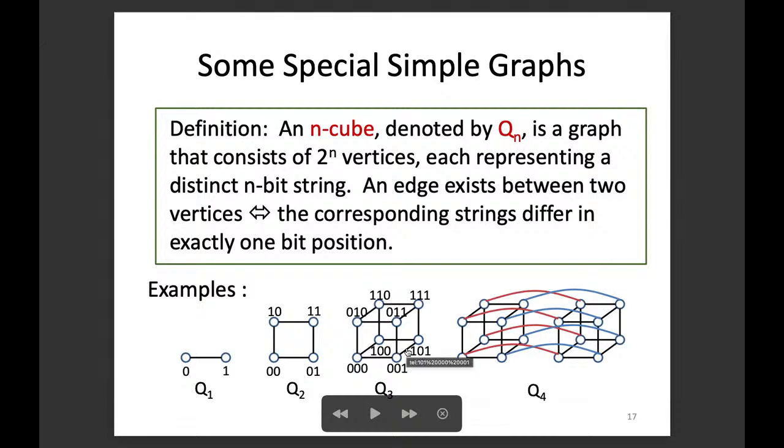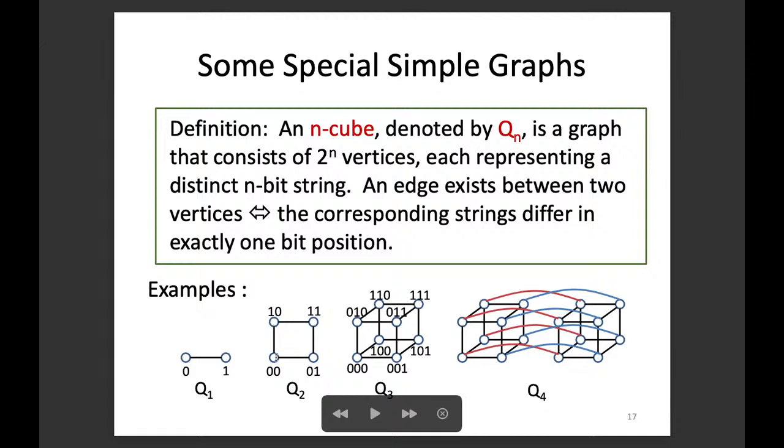And how is a cube graph defined? We begin with a 1-dimensional cube, which is just an edge. To get a 2-dimensional cube, we take 2 copies of the 1-dimensional cube, an edge here and an edge here, and then we link the corresponding vertices of each copy together.